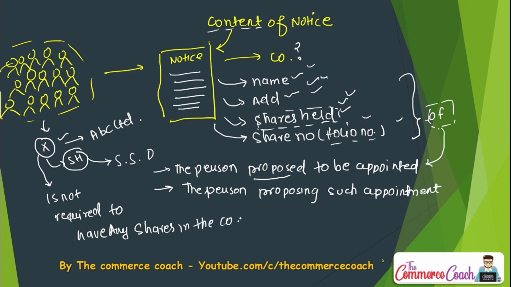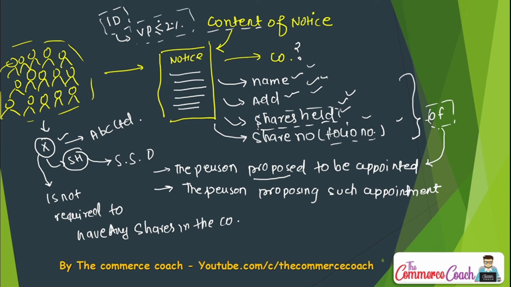Sir, why is it not required? Because in the earlier provision, in the independent director part, we saw that voting power must not be more than 2%. Do you remember, or are you aware of this point?